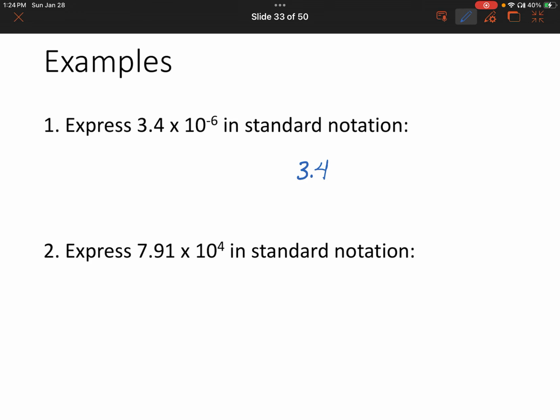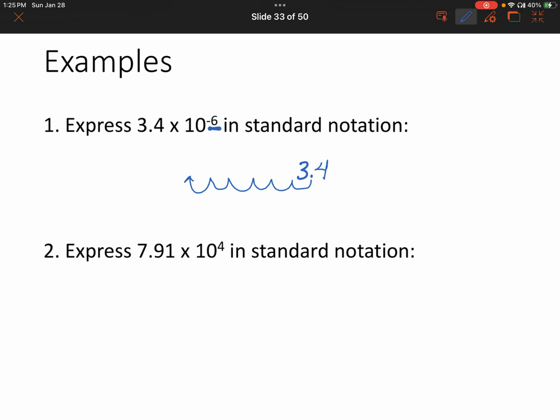I'm going to write 3.4, and then I'm going to move my decimal 6 times, but I need to figure out if I'm moving my decimal to the left or to the right. Now in this case, I have a negative exponent, so I know this is a really small number. So I'm going to move my decimal to the left. Once, twice, 3, 4, 5, 6.